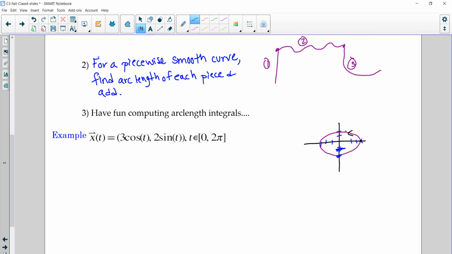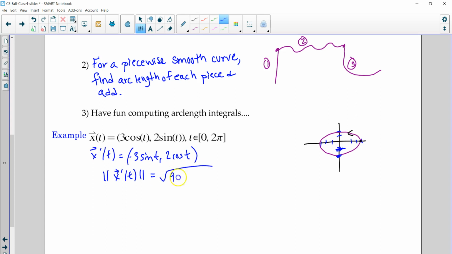And so finding the arc length here seems pretty straightforward, right? So I would go through and compute the derivative vector, and I get negative 3 sine t comma 2 cosine t. Okay, and then I compute the length of x prime of t. Well, okay, this is going to be a little less fun.